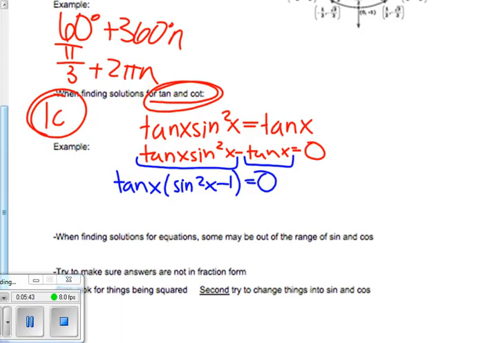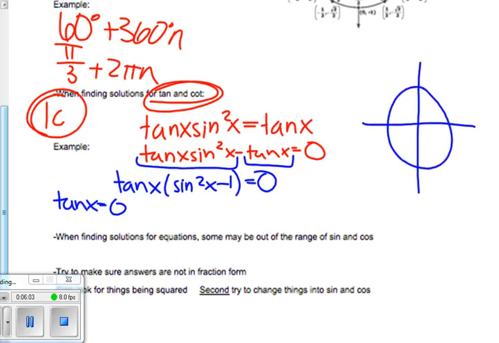And then if I'm trying to find all solutions in the interval, what do I do next? Set it equal to 0. So first, I'm going to set tangent of x equal to 0. So I'm trying to find, where is tangent of x equal to 0? Or y equals 0.